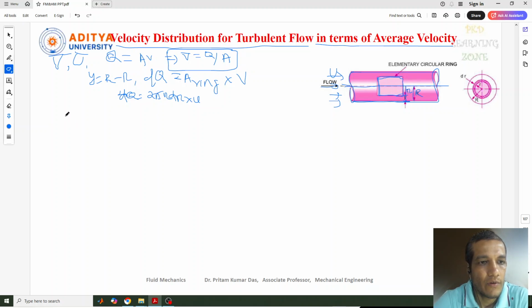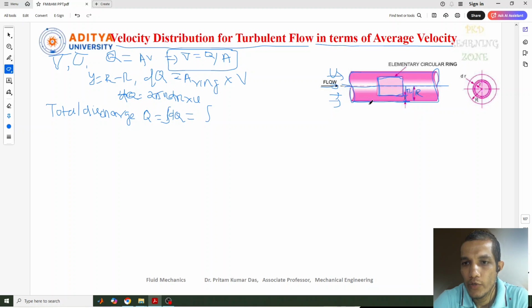Now let's calculate the total discharge. We can calculate it by integrating: Q equal to the integration of dq. Which limits do we need to consider?